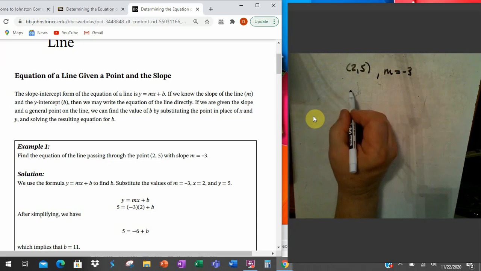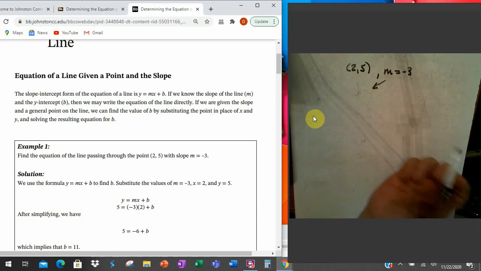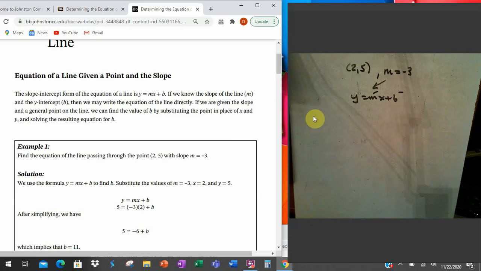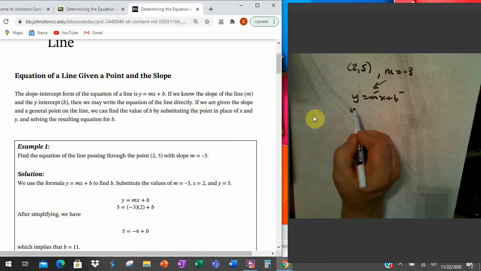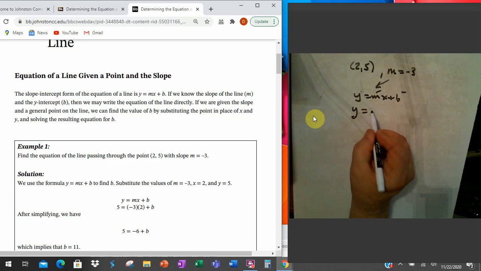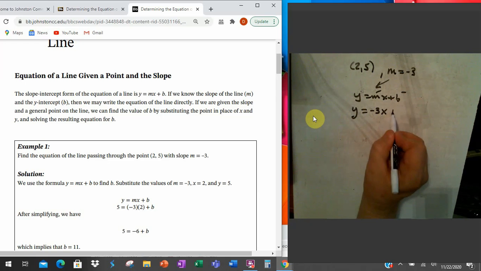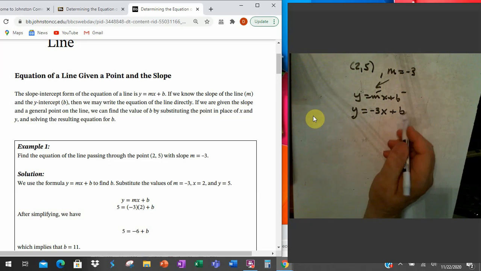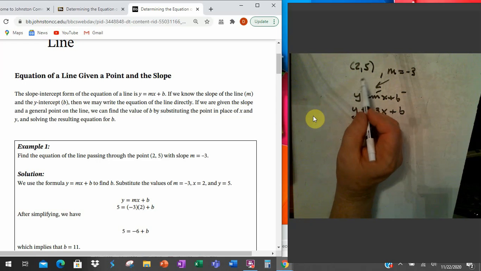So we can get started with just this piece. I'm going to go y is equal to mx plus b. That's where I'm working toward, finding out what is m and what is b, but we're given m. So my first step is just to fill that in: y equals -3x plus b. So whatever the x is, I'm going to multiply times -3 and then add the b.